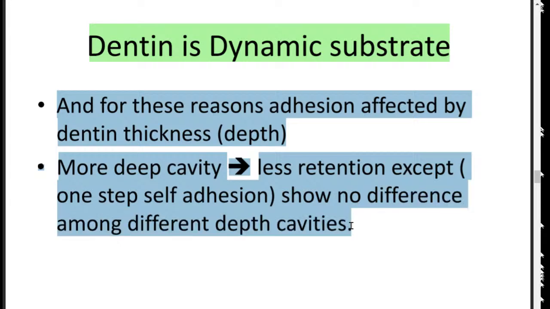Let's read this and then we will carefully analyze it. Adhesion is affected by dentin thickness and depth. More deep cavity means less retention, except one-step self-adhesion, which shows no difference among different depth cavities.